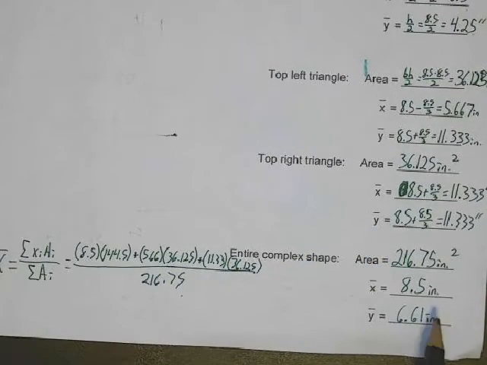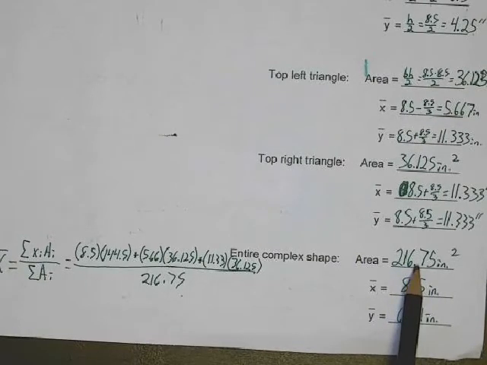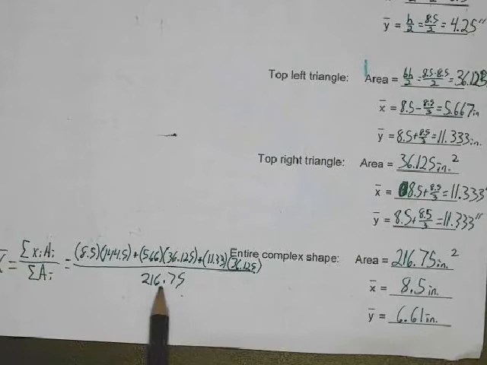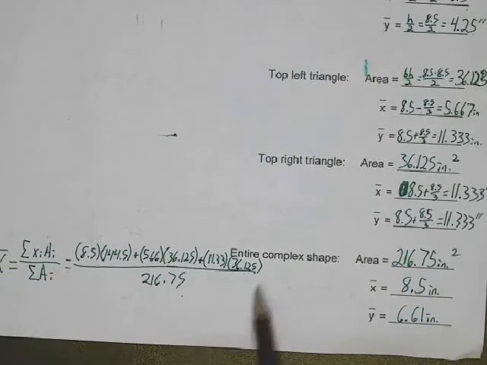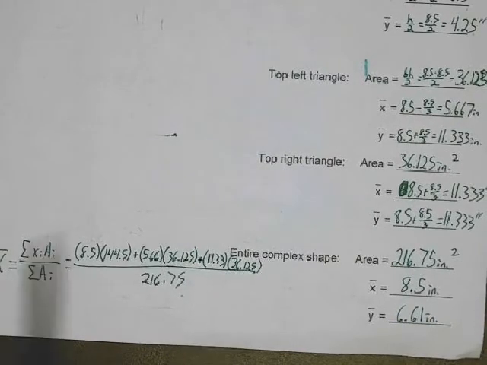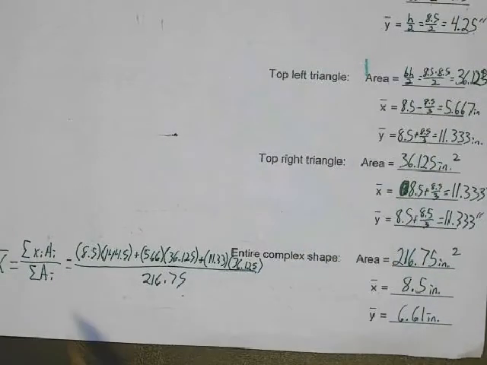This area right here is just adding our areas together, so that gives you your bottom number, your 216.75. When you work out this whole equation, your x bar is equal to 8.5, and your y bar is equal to 6.61. You would do this exact same process for y, using all of your y bars in place of your x bars. So that would be the first problem. We'll be moving on to the second one in our next video.